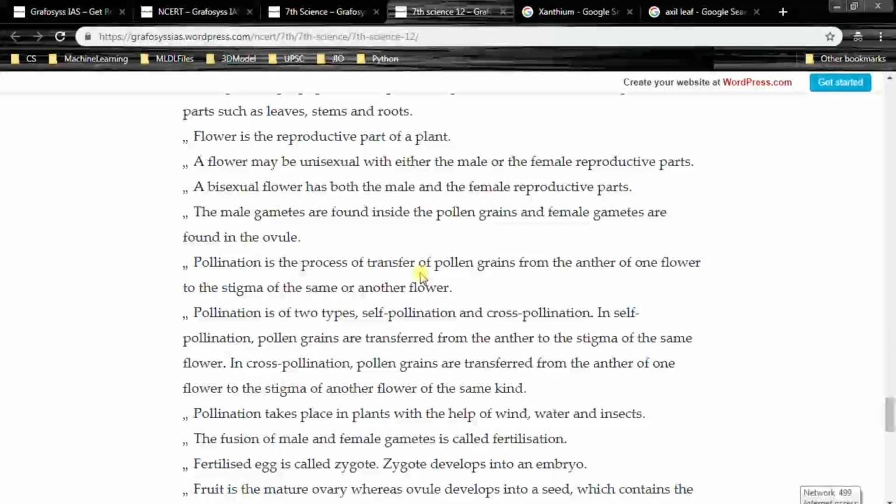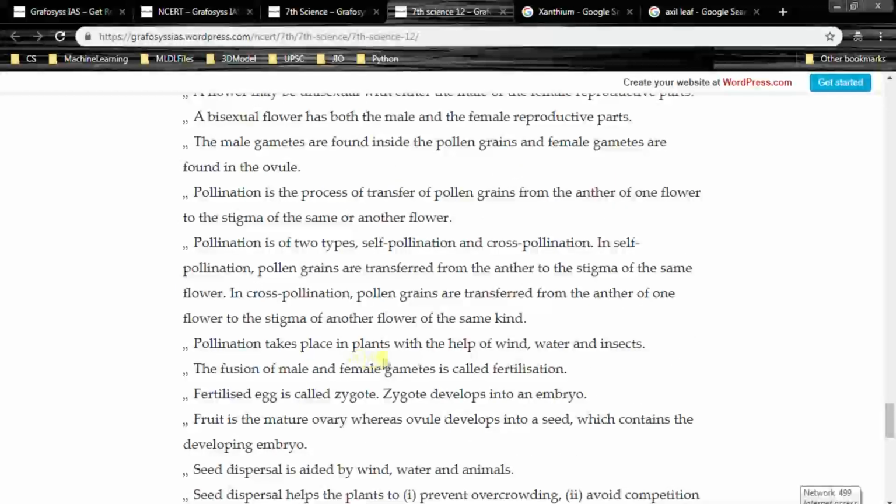In self-pollination, pollen grains are transferred from the anther to the stigma of the same flower. In cross-pollination, pollen grains are transferred from the anther of one flower to the stigma of another flower of the same kind. Pollination takes place in plants with the help of wind, water and insects.